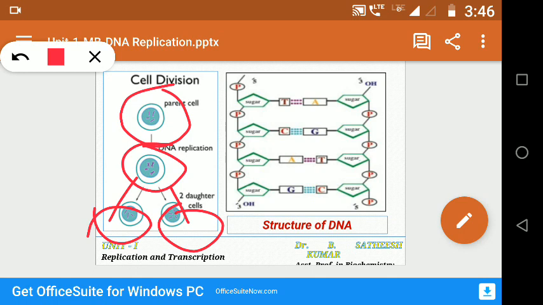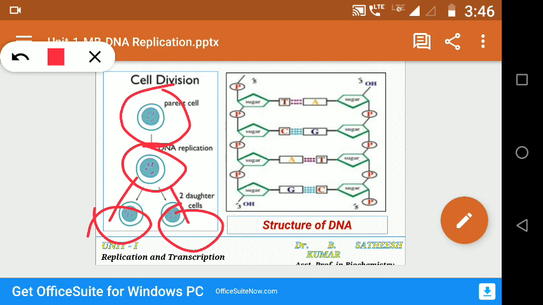So every cell during its life cycle will undergo the cell division process, where two daughter cells will be formed from one parent cell.